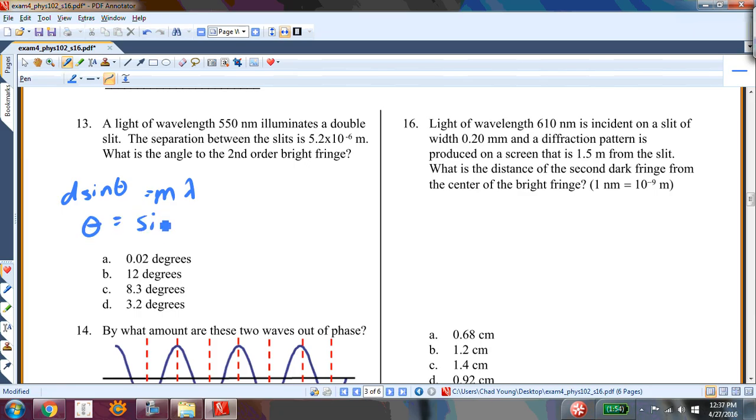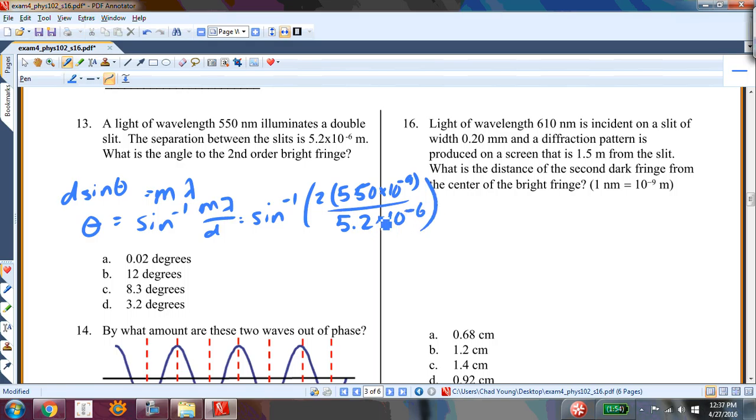So I do the inverse sine of m lambda over d, which is going to be the inverse sine of 2 times 550 times 10 to the minus 9, divided by d, which is 5.2 times 10 to the minus 6. And that gives me my angle theta. It's 12 degrees.